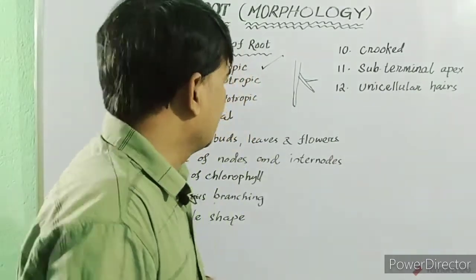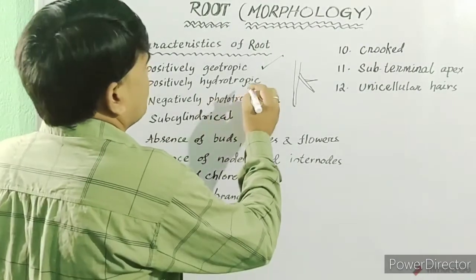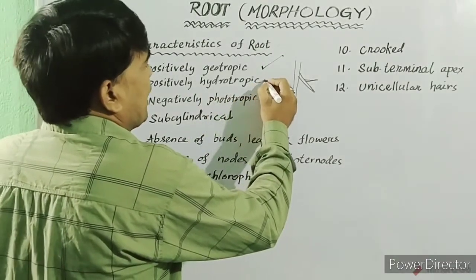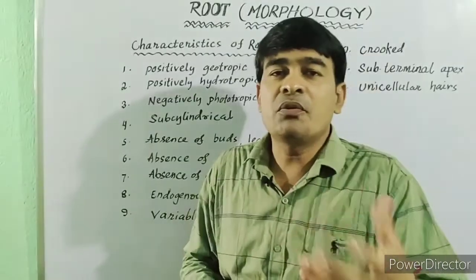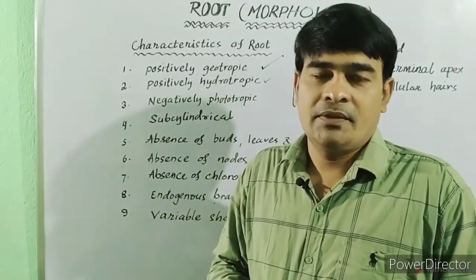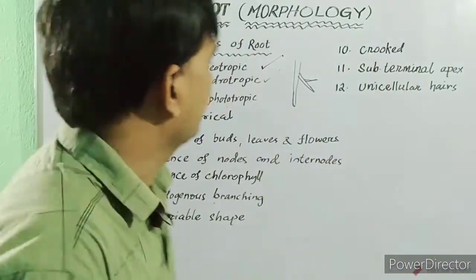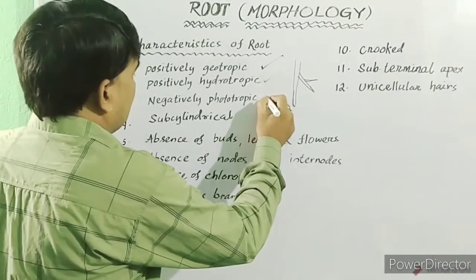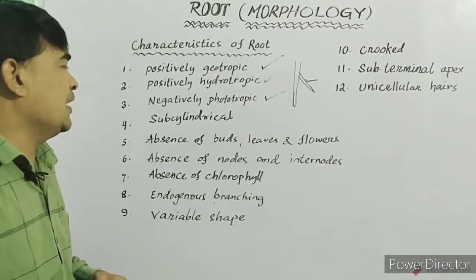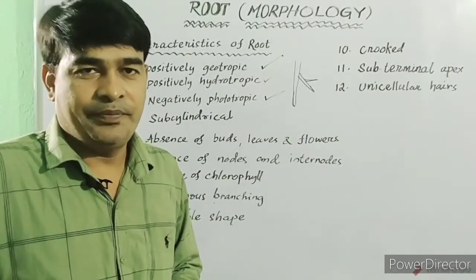Then the roots are positively hydrotropic. That means they bend towards the water. They grow towards water. Then third character is that roots are generally negatively phototropic.